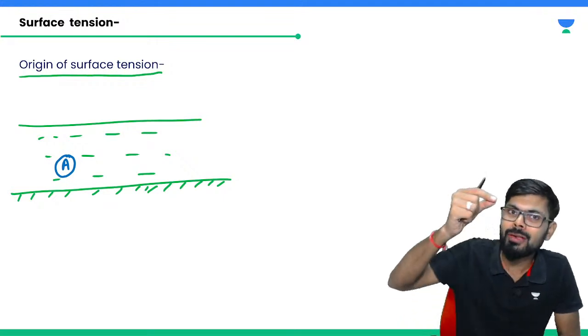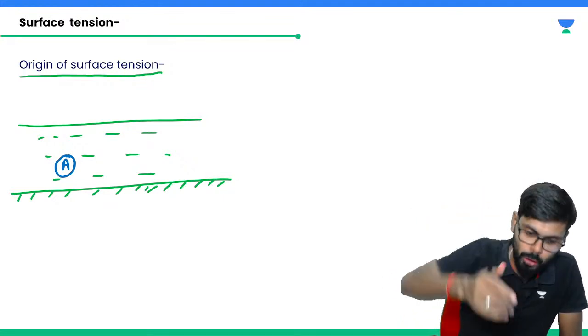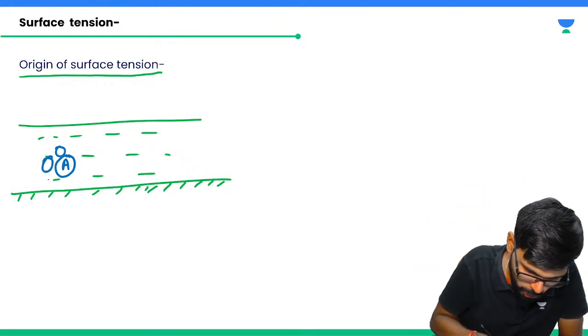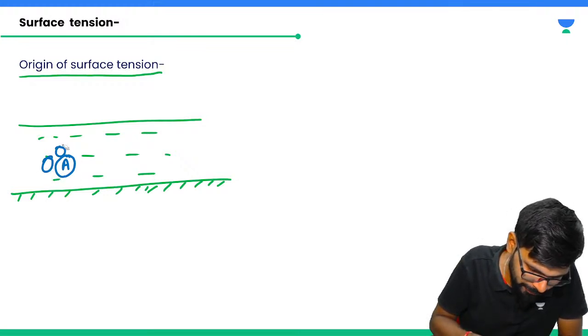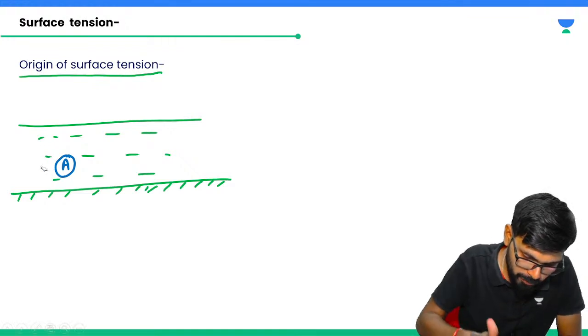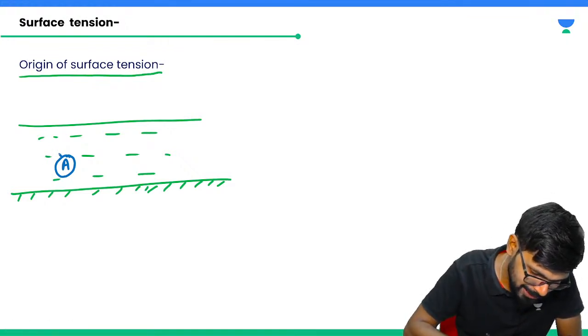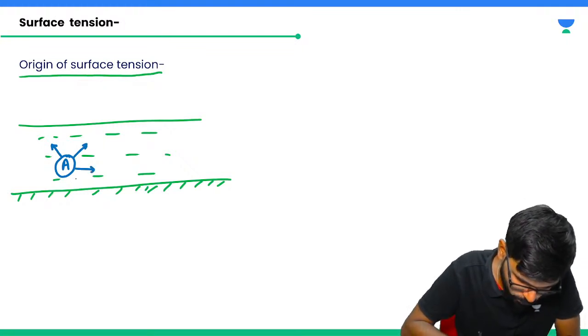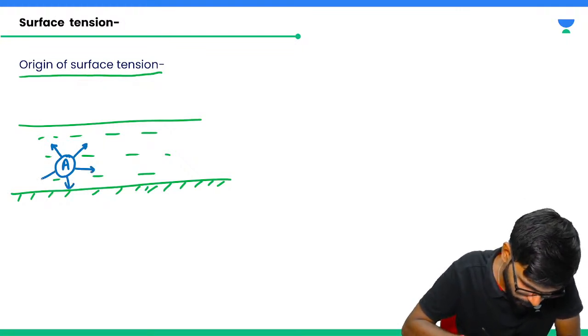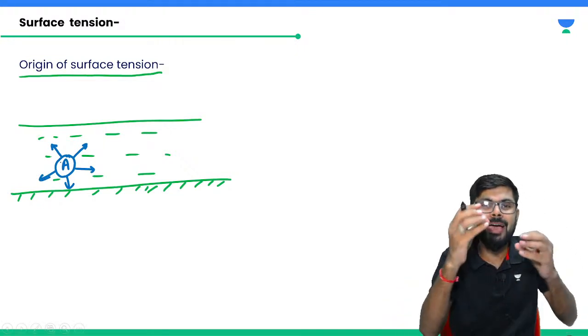So this molecule A is surrounded by different molecules, everywhere molecules are there, right? Each is applying a cohesive, attraction force, cohesive, attraction force, so this is basically balanced.